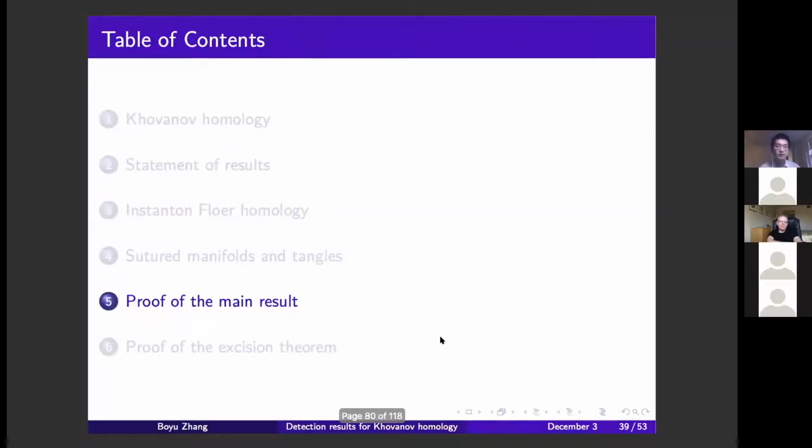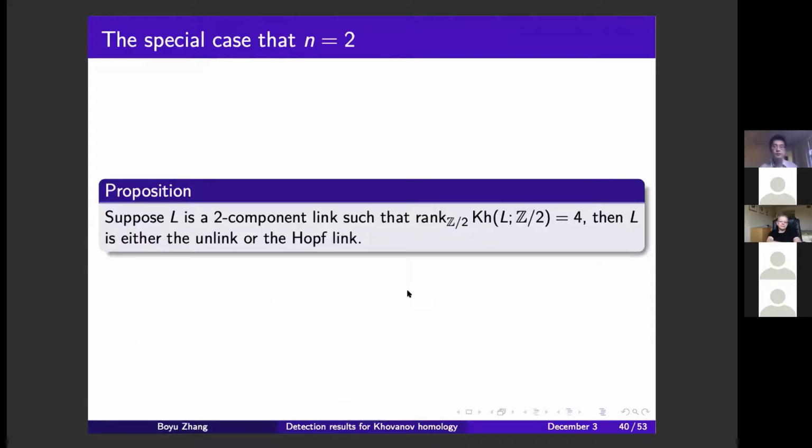Okay, so now with all the preparations above, we can discuss the proofs of the main results. Again, I'll only focus on proving the classification theorem of links with minimal Khovanov homology, because the other detection results follow from a combination of similar ideas and some other technicalities.